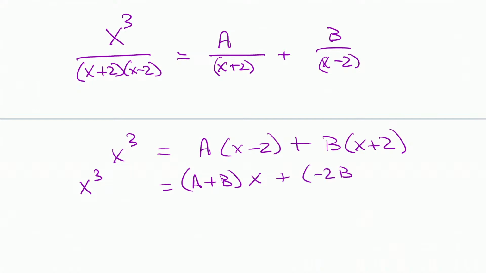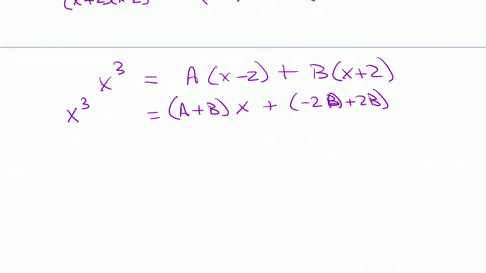Negative 2b, a plus 2b. Okay, so here's the correct version of how you're supposed to do this: you collect like terms. So we have ax plus bx, which is a plus b times x. And then you have negative 2a plus 2b as the constant. So clearly, if you compare left and right, negative 2a plus 2b is equal to 0 because there's no constant over here, but there's also no x term over there.